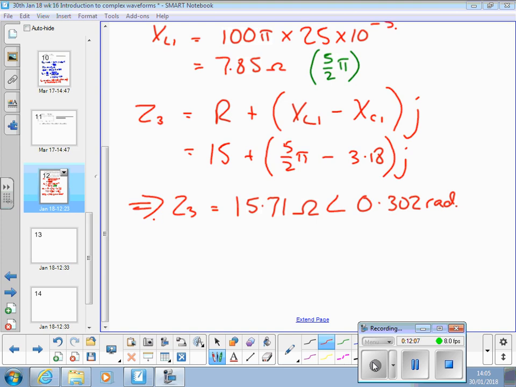So I'll call it Z3, and that should be Z1. Therefore, the current calculated is... I want the process.